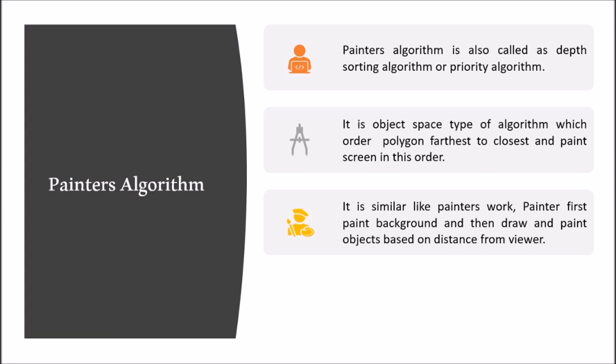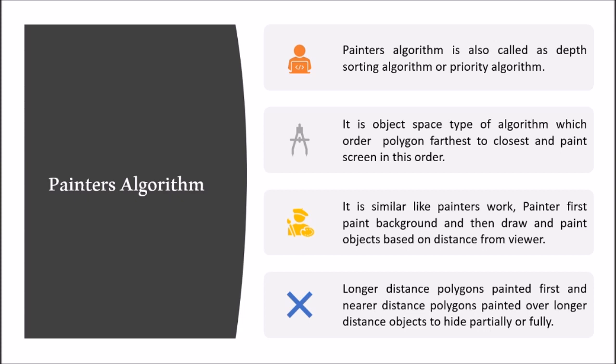Once you draw the nearer object, some part of the previously drawn object, or the whole object, will be hidden. So in Painter's algorithm, longer distance polygons are painted first and nearer polygons are painted over the longer distance objects to hide them partially or fully.